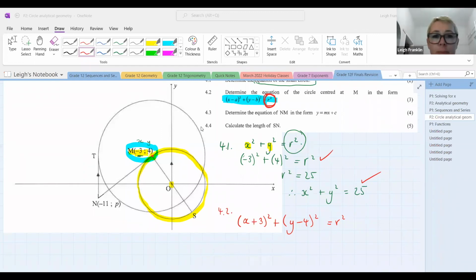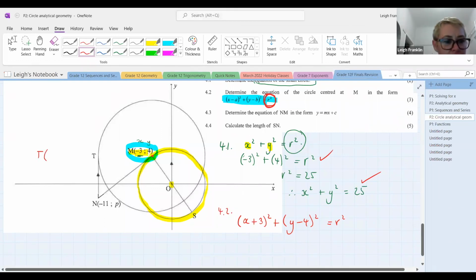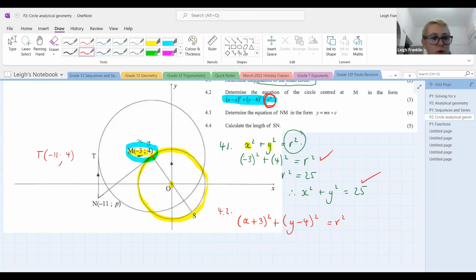Somebody said something about T, and you're on the right track. Junior says the coordinates at T are -11 and 4. How did you work that out, Junior? You're right, but I want to know what you did. Can you unmute and talk to us?